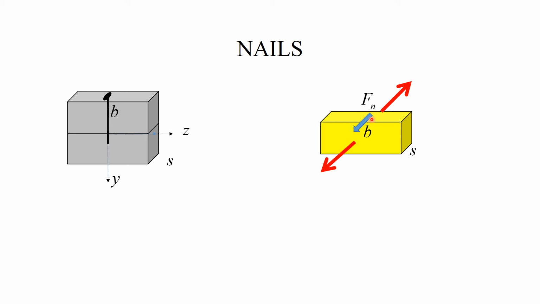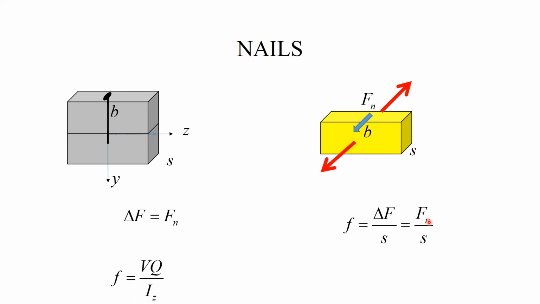And now let us see how it works. First, of course, delta F is equal to Fn. The shear flow is delta F over delta X, but in this case, delta X is s, the spacing, and therefore the shear flow is equal to Fn over s.